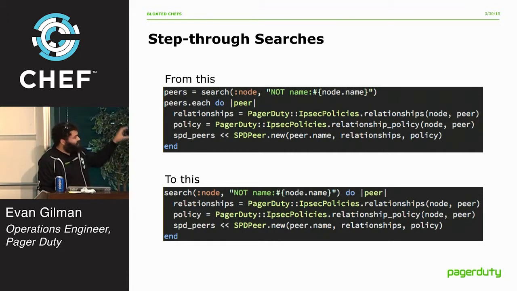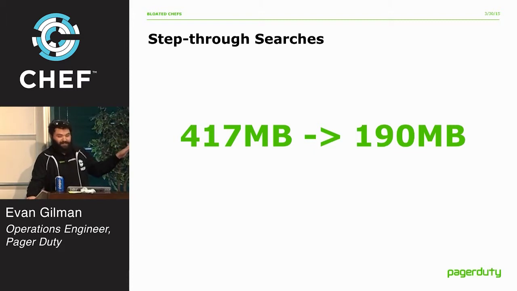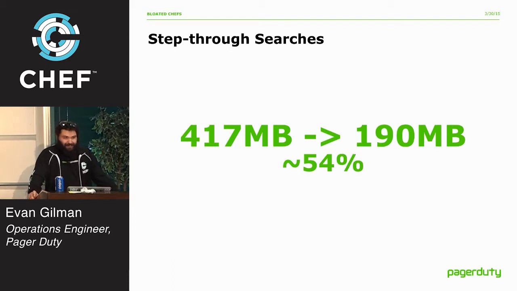So changing it to use the search block, we went from 417 megabytes on a Chef run to 190 megabytes on a Chef run, which is about 54% after only touching a few of these searches. So that's pretty good. It's respectable, certainly, but it's still 190 megabytes. So we think we can do a little bit better than that.